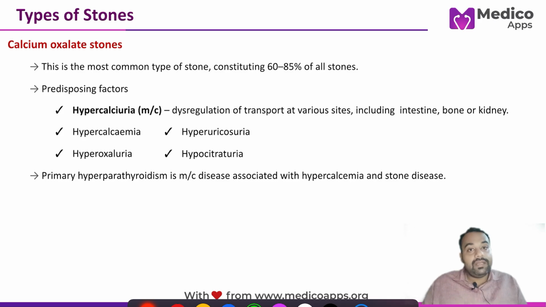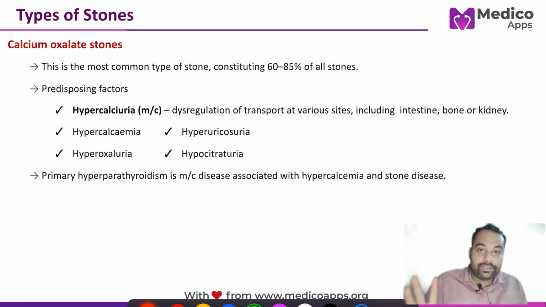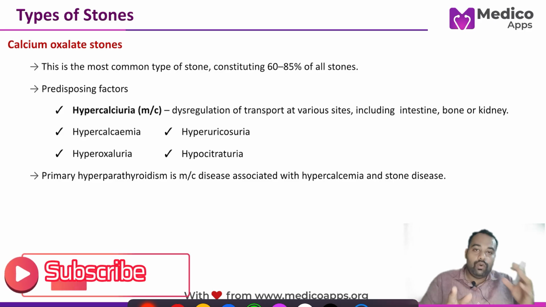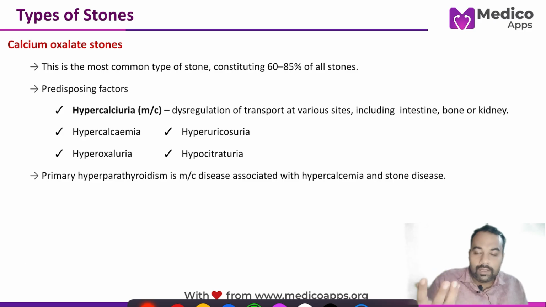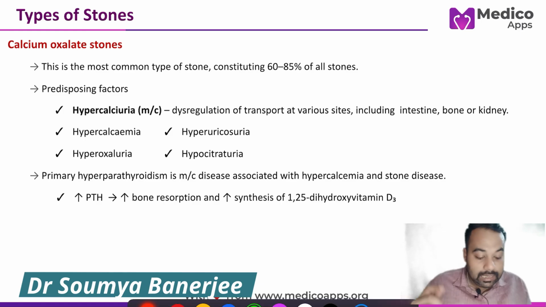Also, we have primary hyperparathyroidism, because as a result of it, there is increased production of PTH hormone. This PTH hormone eventually goes into the bone, and there is increased bone turnover. As a result, there is an increased amount of calcium in the blood, but it will also increase the production of 1,25-dihydroxy vitamin D3.